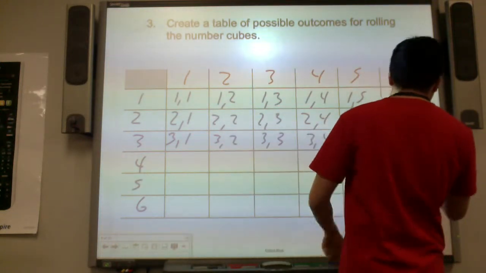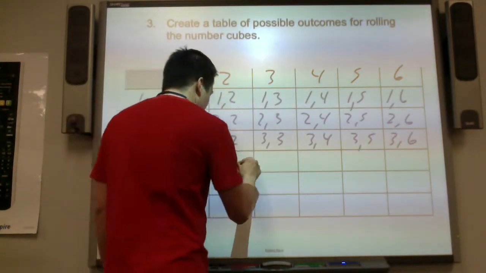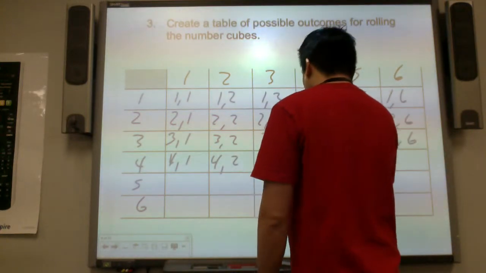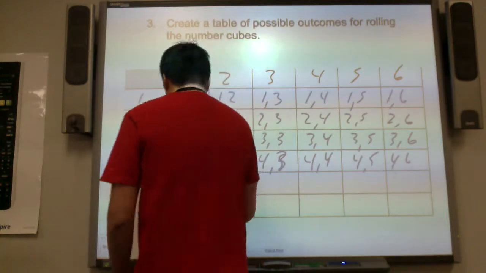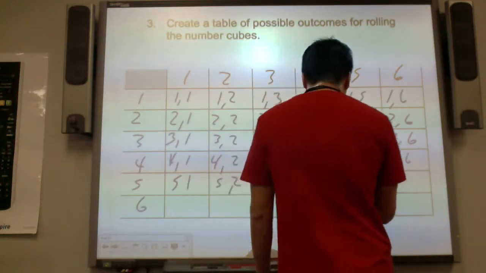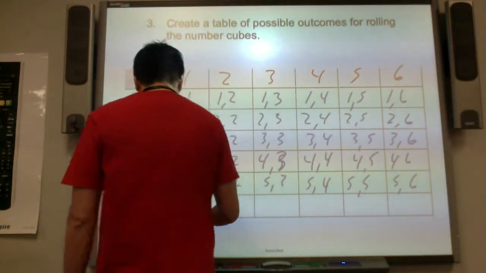I'm starting with all the 1s, all the 2s, all the 3s, now all the 4s, and so on. 4 and 1, 4 and 2, 4 and 3, 4 and 4, 4 and 5, 4 and 6. Roll a 5, then a 1. Roll a 5, then a 2. Roll a 5, then a 3. Roll a 5, then a 4. Roll a 5, then a 5. And so on.